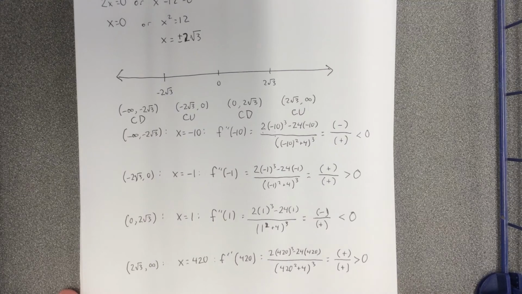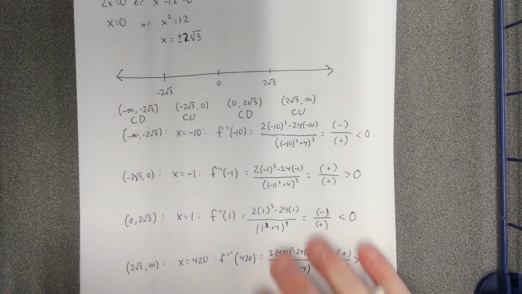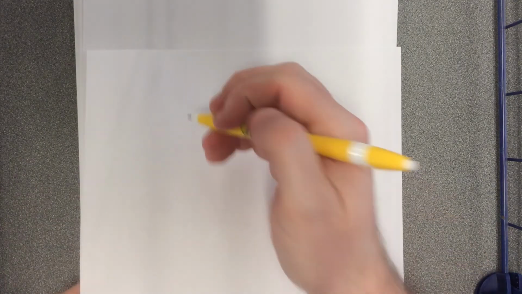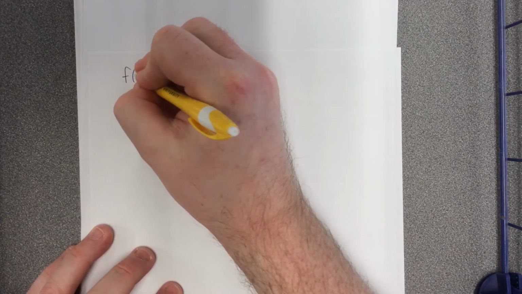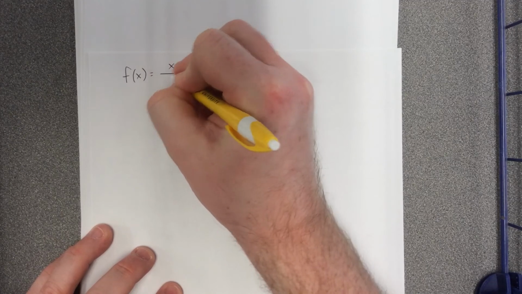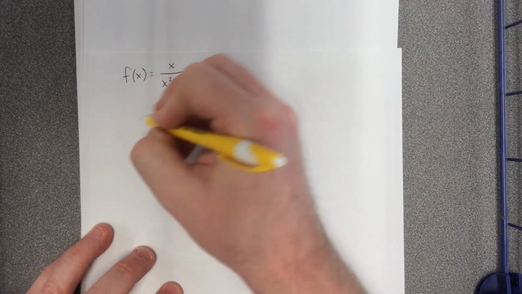So to summarize all of the things that we just found, let's grab the back of this piece of paper. The original function was f of x is equal to x over x squared plus 4.